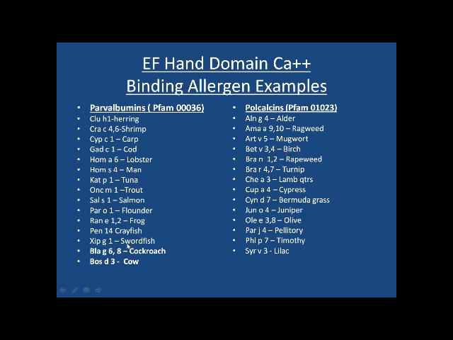And of interest here, the parvalbumins BLA-G6 and 8 are actually from cockroach. And BOS-D3 is a calcium-binding protein from milk, which also cross-reacts with these parvalbumins. So you begin to see that we're jumping across different species lines, and that these things can be common in nature.